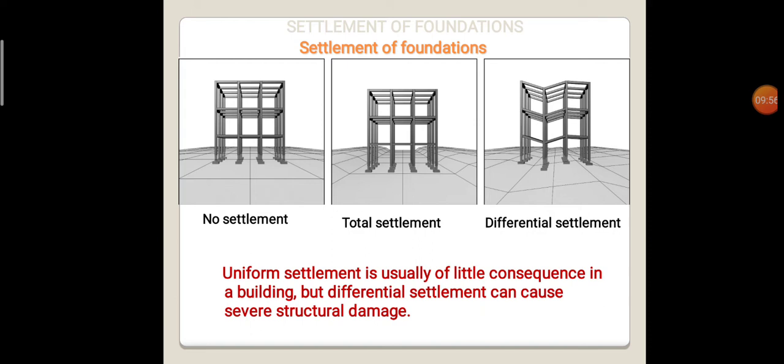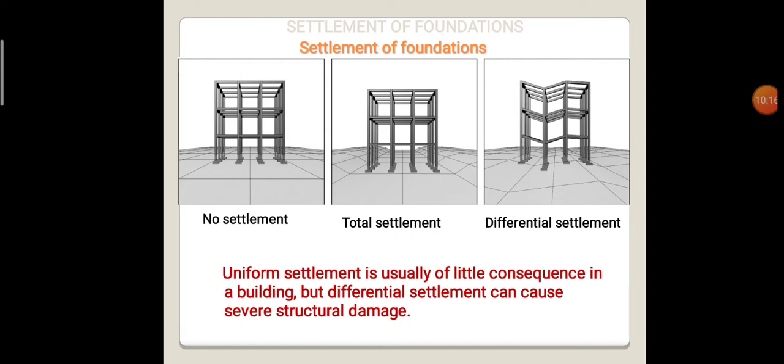Here it gives the complete deflection or displacement of the whole building throughout the area. That is known as total settlement. Why? Because if we need a good foundation, the load must be even.